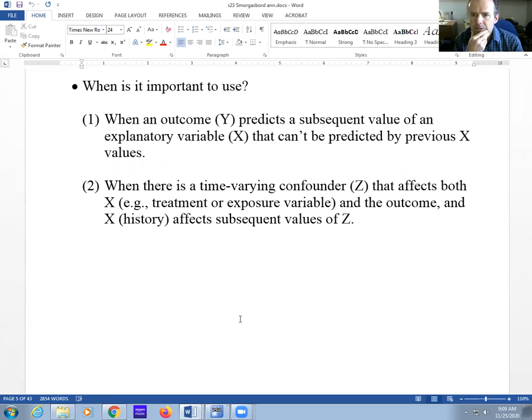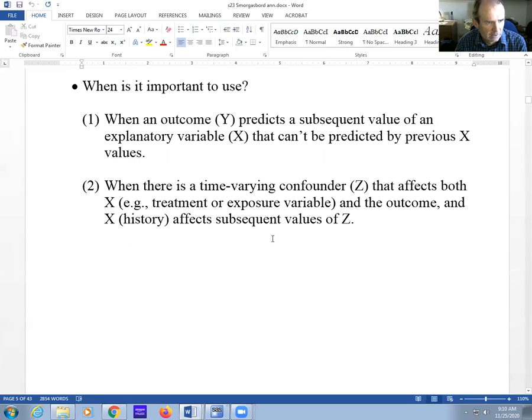So a lot of times when we do modeling, we make sure that the X variable comes before Y in time. But when we have a situation where the outcome is actually going to predict a subsequent value of a predictor, which can't be explained by previous X values, then we have a more complicated situation.